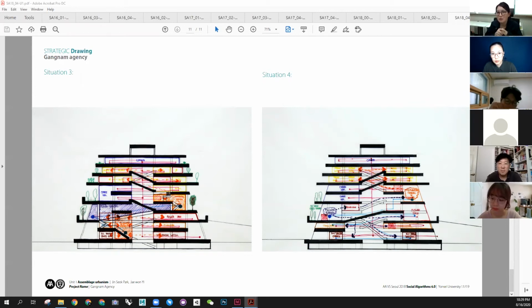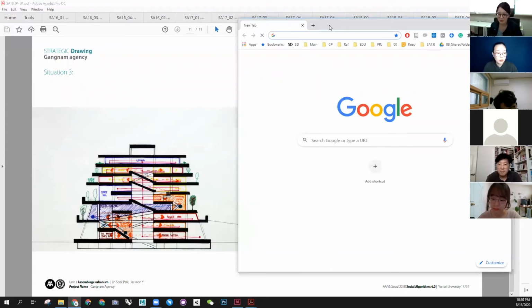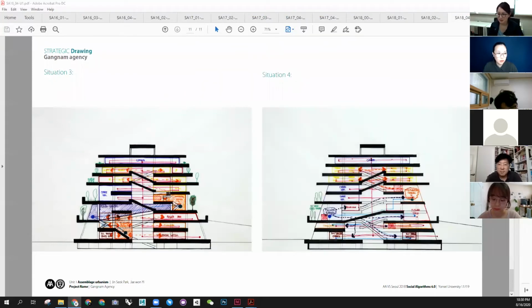And what else I want to say is, just to add a little bit, because we're not going to have many chances to explain about this social agenda. What we've done in Unit 1 was testing the site and trying to interpret the site with a direct action.